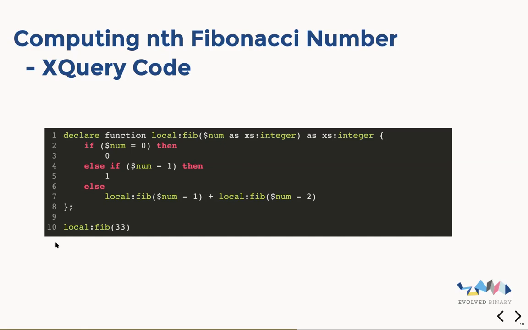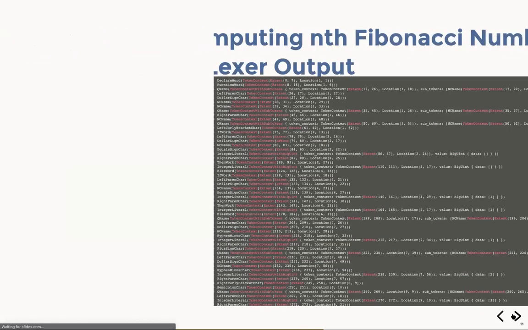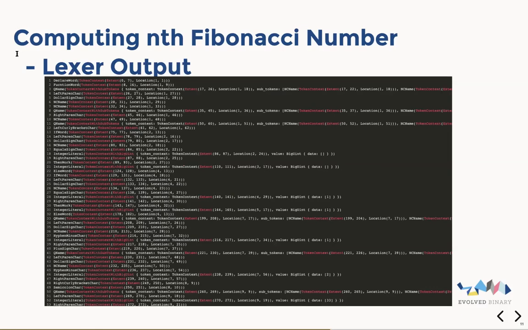So perhaps if we could just take this XQuery, and when the user tries to run it, we transparently compile it into native machine code, perhaps we could get it to execute in something like 20 milliseconds or thereabouts. So how might we do that? Well, the first step is that we have to put the XQuery through our new lexical analyzer. And our lexical analyzer produces a token stream.